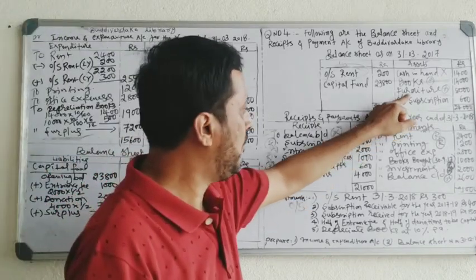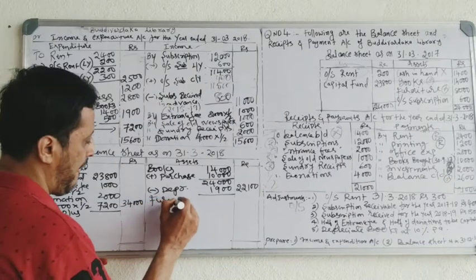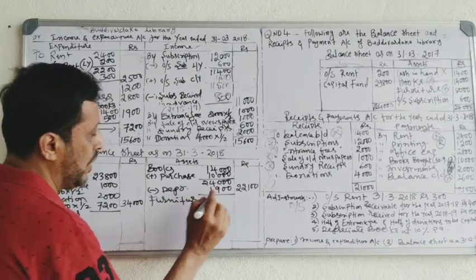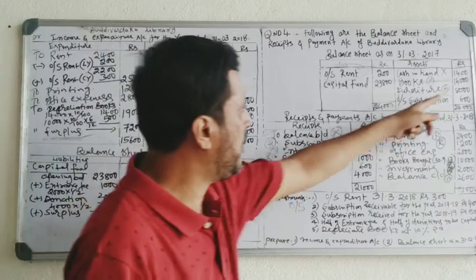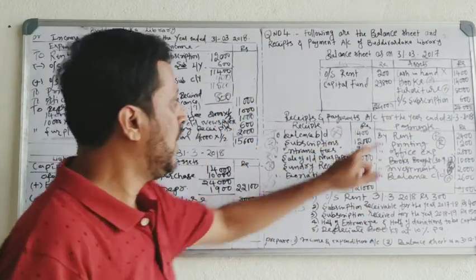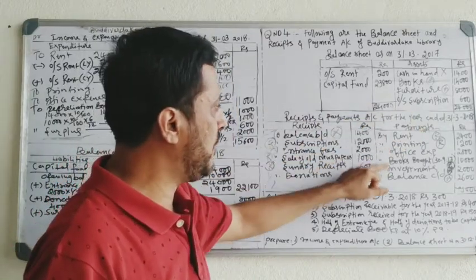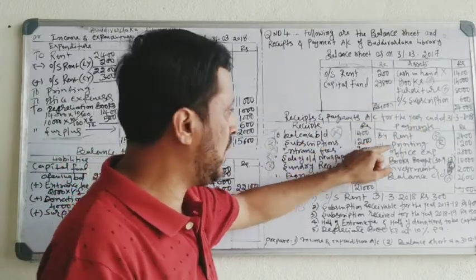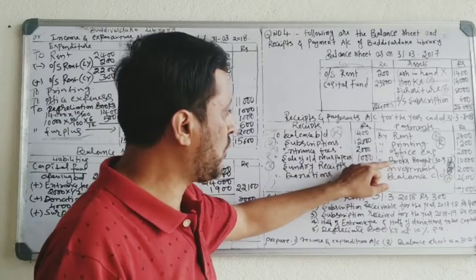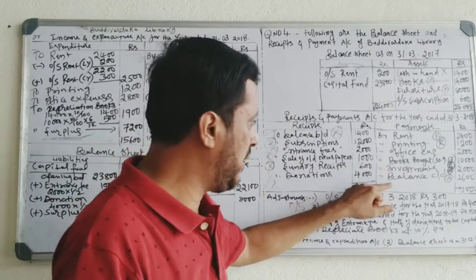After books, furniture. Furniture is an asset. There is no addition and no depreciation. Take it as it is, 8,000. Outstanding subscription you have deducted here, over. Now come to the payment side. Rent is over, printing is over, office expense is over. Books bought you have added here, 10,000 rupees. Investment is an asset.